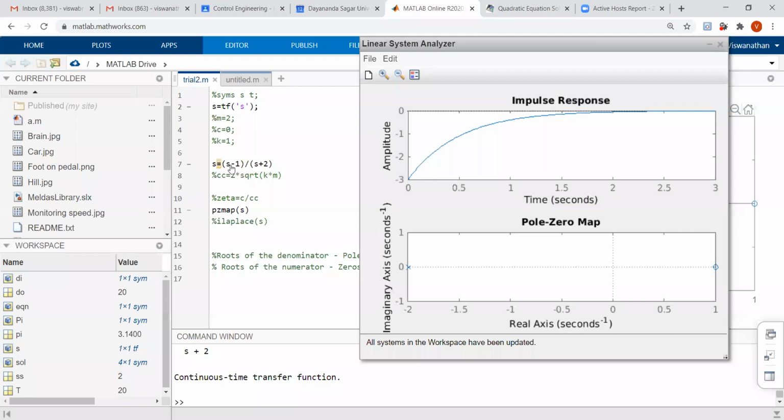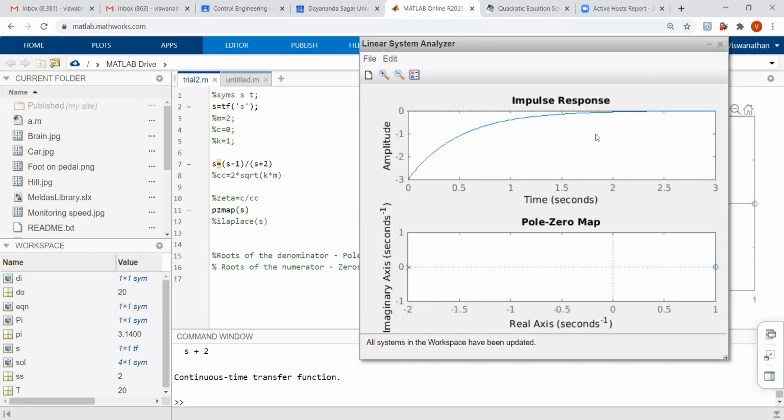Now even though the 0 is on the right side of this s plane, the system is not going unstable. So the stability is going to be determined only by the poles, not by the zeros.